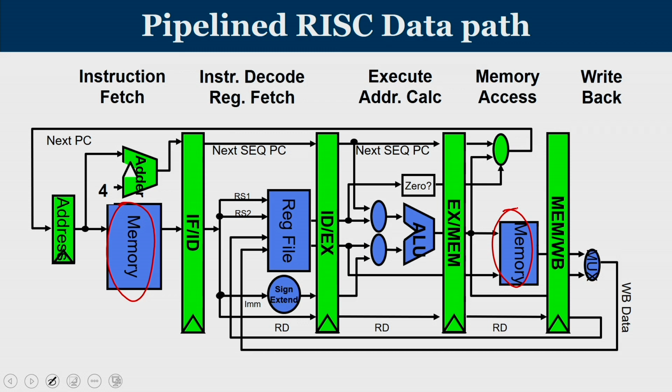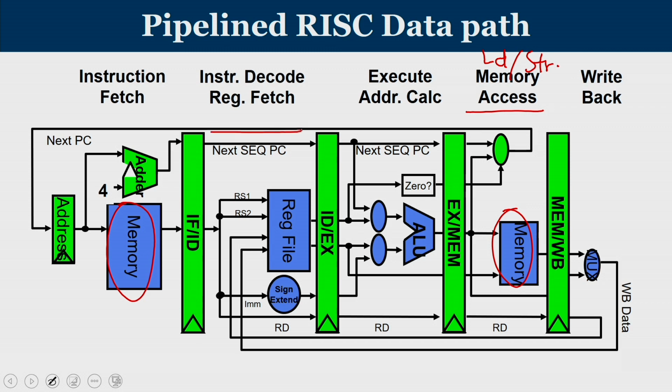The first memory component is accessed by every instruction, and that is called fetching of an instruction from the memory, and we have seen that to take care of structural hazards, we are having separate memory for instruction as well as data. So, instruction fetch uses memory, and the memory access stage also, when you have a load or store instruction, we are going to access memory, and that is called your data memory.